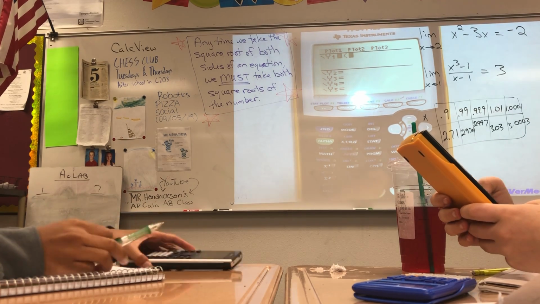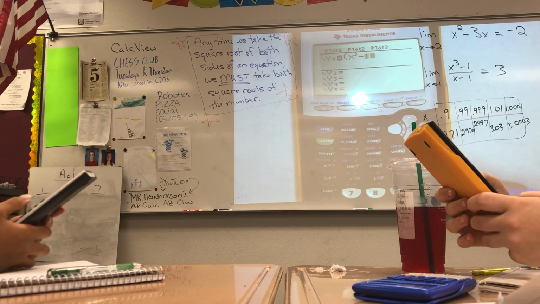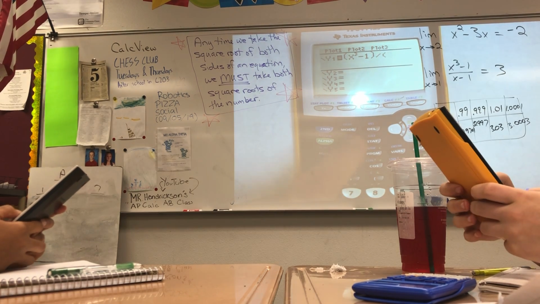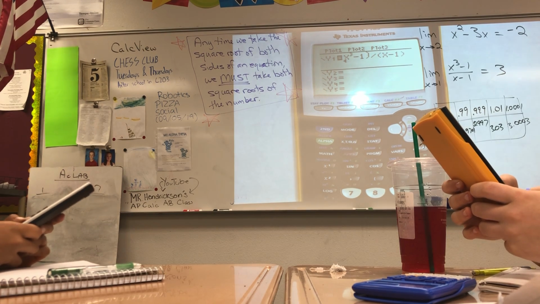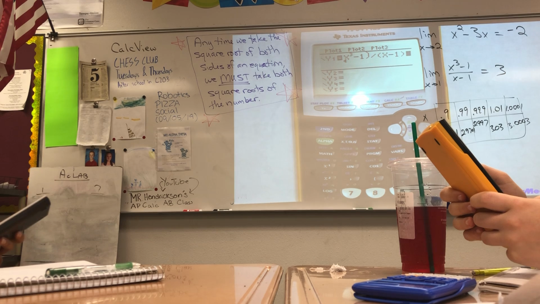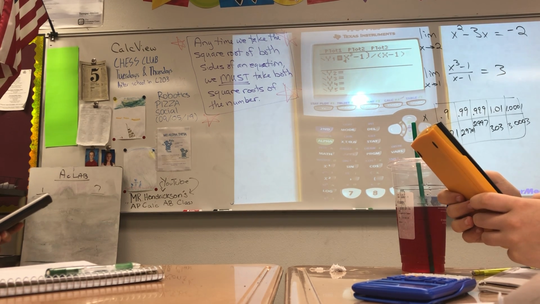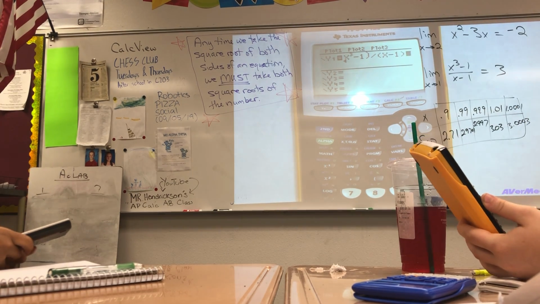So to graph it, we would go x and x cubed minus 1 divided by x minus 1, on the chart there. But on the graph, we're just going to go x cubed minus 1 over x minus 1.